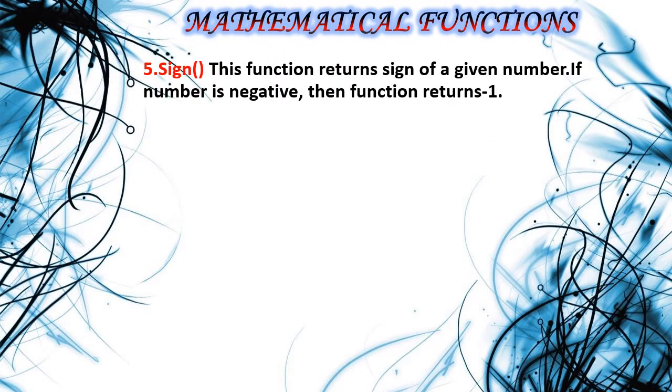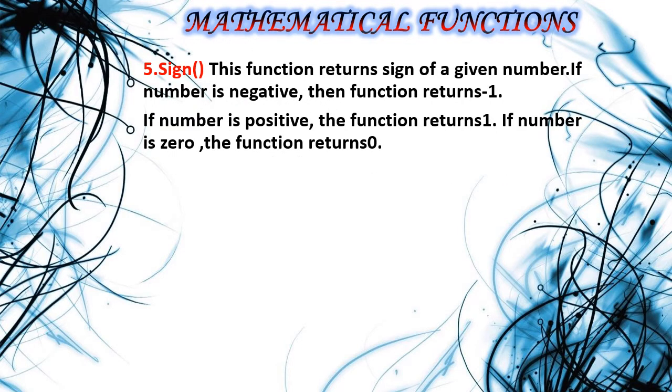And the SIGN function returns the sign of the given number. If the number is negative, it will return -1. If the passing number is positive, then it returns positive 1. If you pass the number 0, it returns 0.